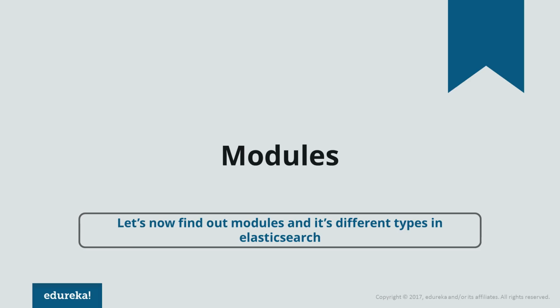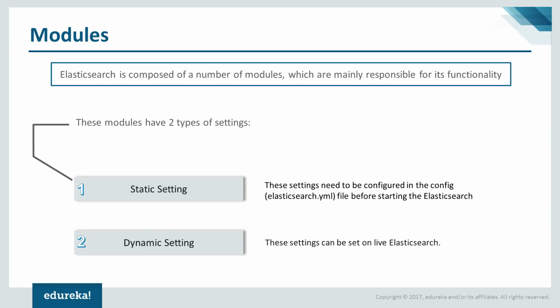Let's find out the different types of modules in Elasticsearch. There are basically two kinds of modules, static and dynamic. Elasticsearch is composed of a number of modules which are mainly responsible for its functionality. There are two different types of settings, static and dynamic.